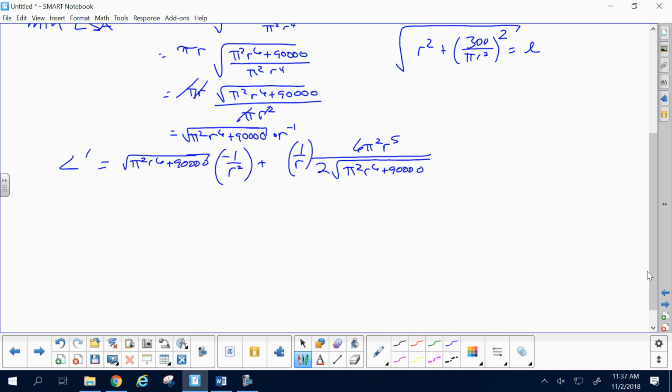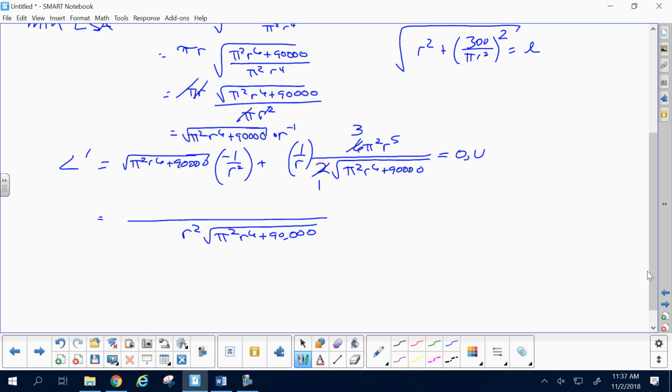All right. Now I need to find the critical numbers. If I were to get a common denominator, let's call the common denominator, you want to hack that 2 off? Let's hack that 2 off. What do you say? Are we done? Okay. So the common denominator is r squared root of pi squared r to the 6 plus 90,000.